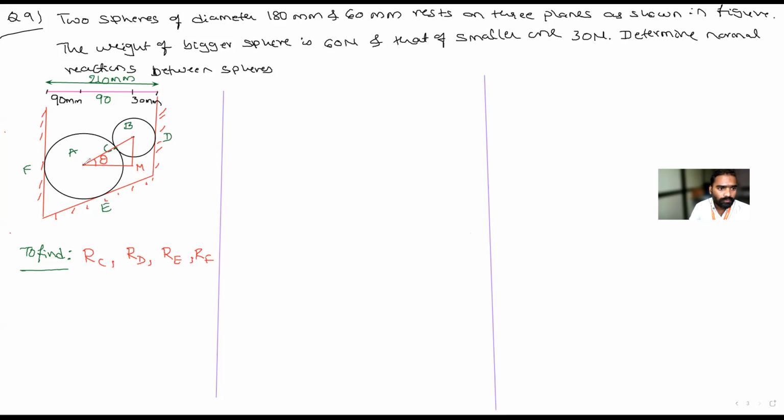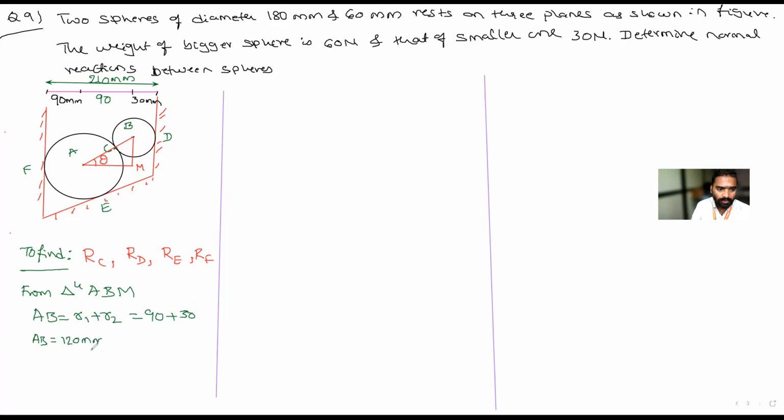From the triangle ABM, AB is equal to R1 plus R2, the radius of the first cylinder plus the radius of the second cylinder. R1 is 90 mm plus R2 is 30 mm, so AB is equal to 120 mm.